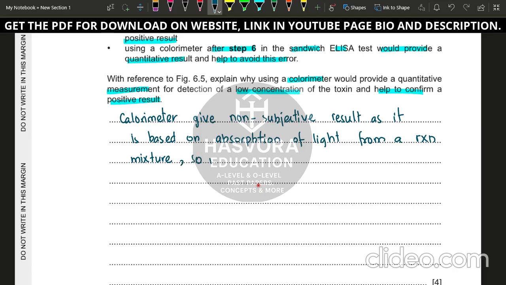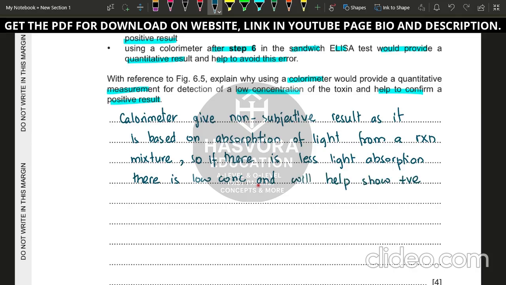So if there is less light absorption, there is low concentration and it will help show a positive result.